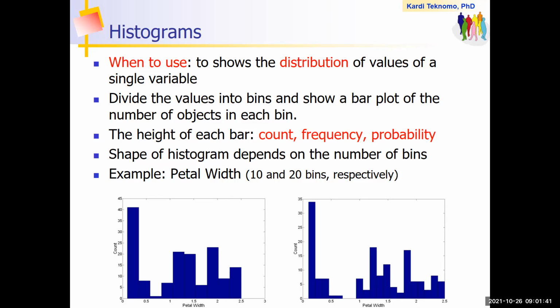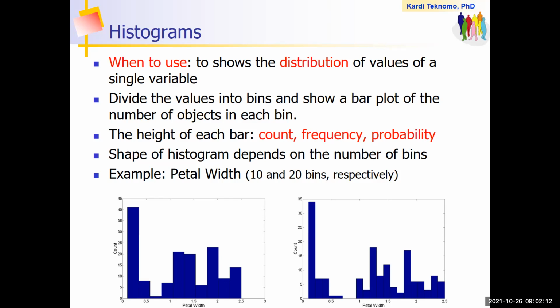So in this case, you divide the values into bins and then you show the bar plot, and the height of each bar represents the count, either count or frequency or probability. Sometimes we don't say what the vertical axis is, because in histogram the vertical axis is always either count or frequency or probability. They are the same thing.